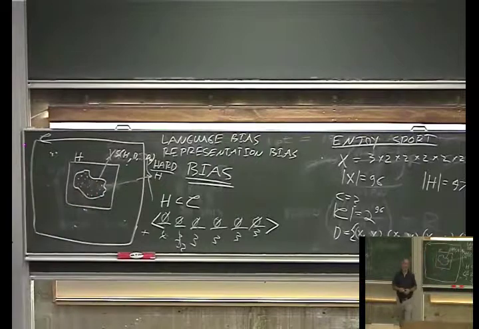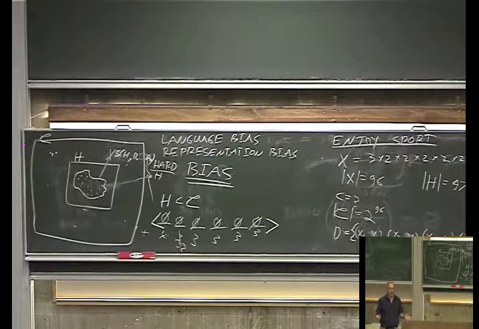All the members of this set are, in some sense, equally good, in the sense that they're all part of the H that you chose, and they all agree with the training data. They're all consistent with the training data.